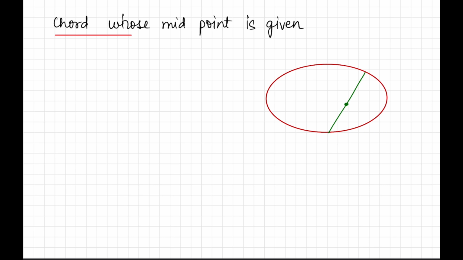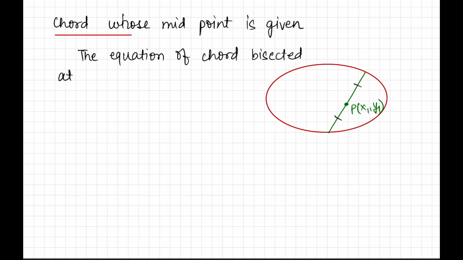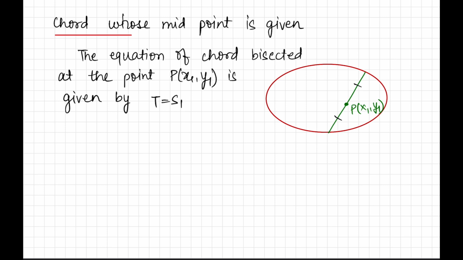Let us say this point is P and it has coordinates x1, y1, and this chord is bisected by the point P. Then the equation of this chord, the equation of the chord bisected at the point P x1, y1, is given by T equals S1. Now this result is also applicable in case of circles, parabola and hyperbola.